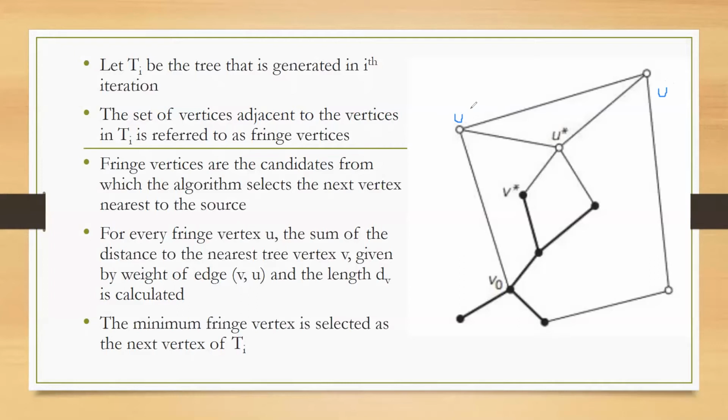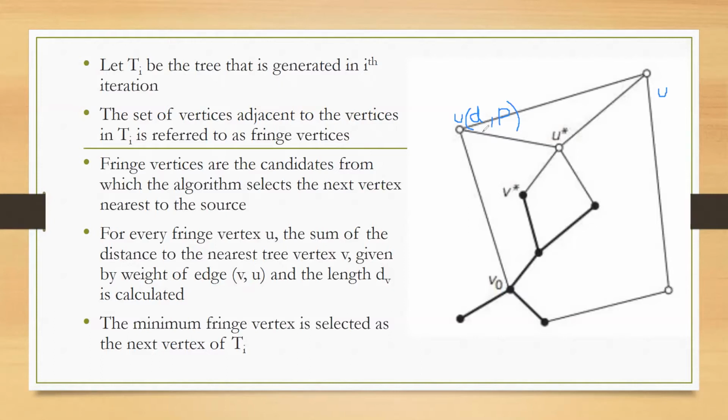Even this U will have some distance and a parent vertex, which I'll write as P. Every vertex will have its distance from the starting vertex and its parent. Currently, for this U, the parent will be V naught.